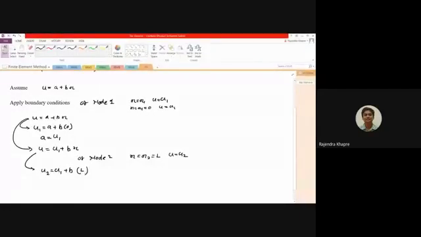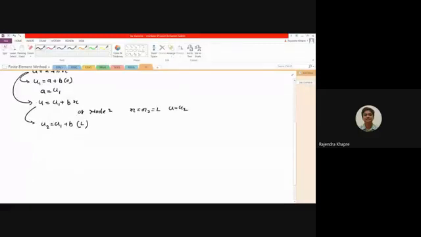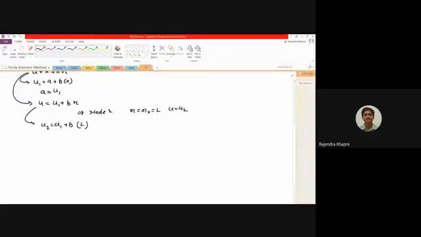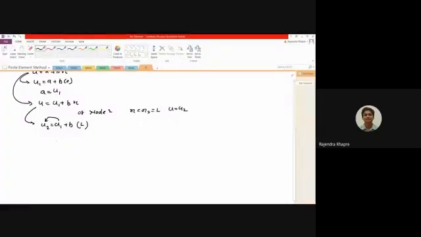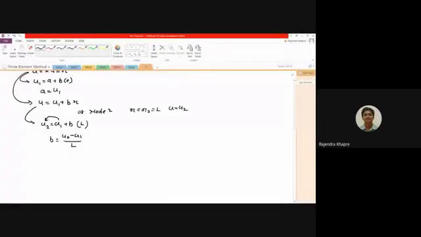If you solve this, you can take this u2 over here and then divide it by L. So simply you can get the value of b as u2 minus u1 divided by L.